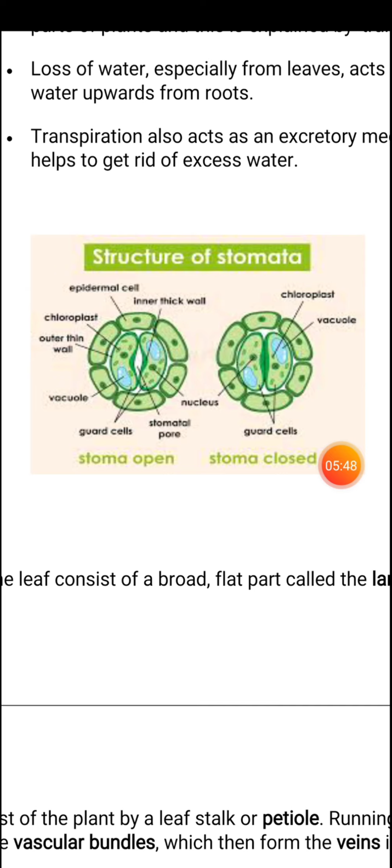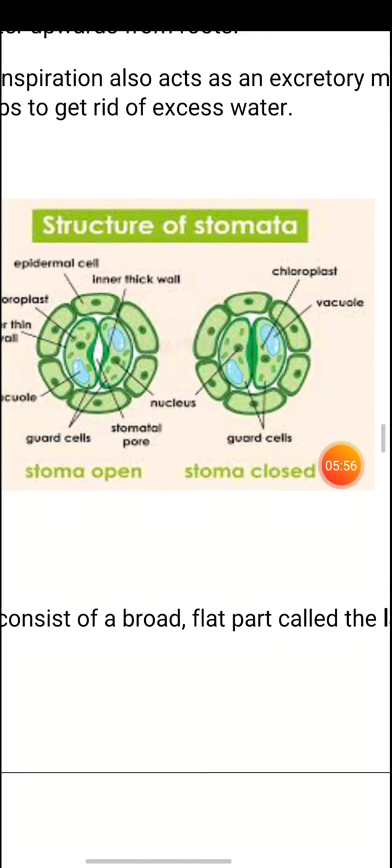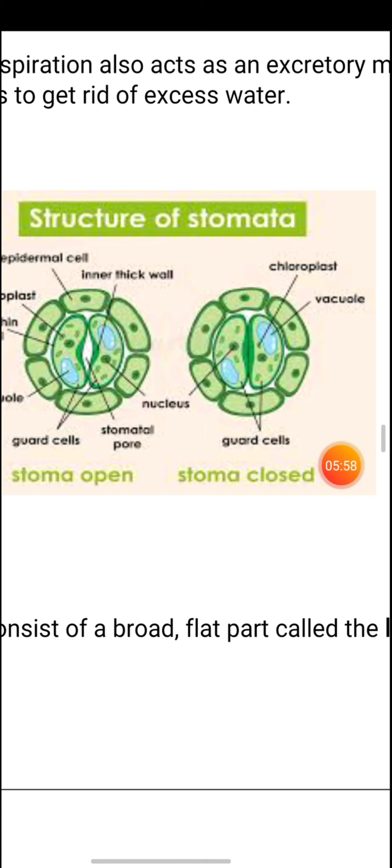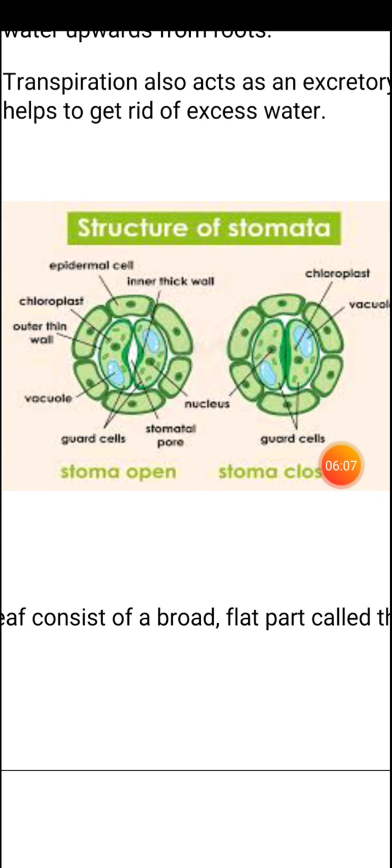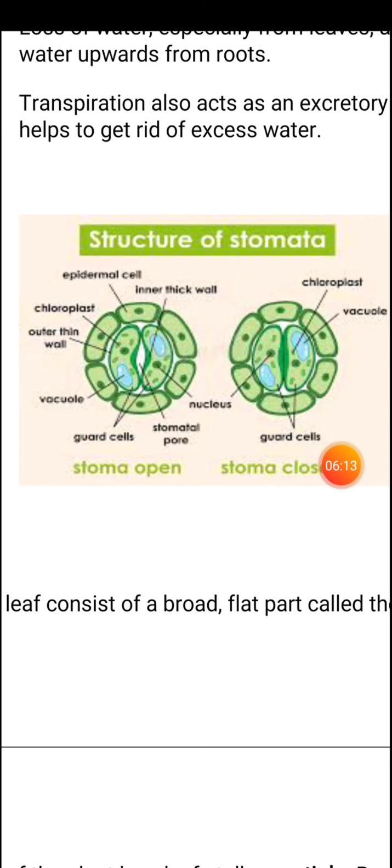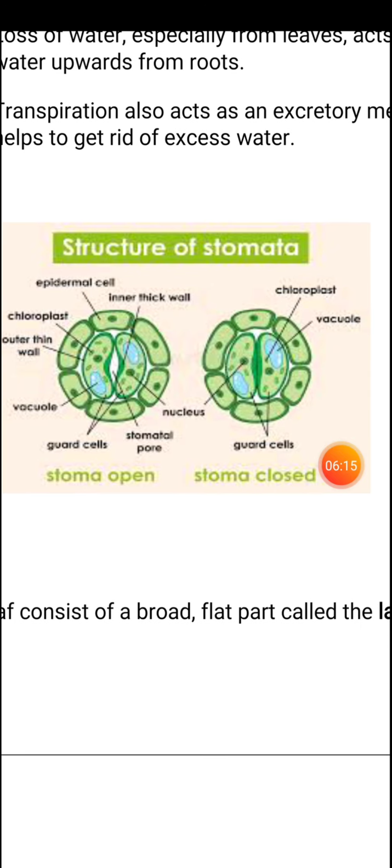So if you see the stomata, they are somewhat circular in shape, and they are protected with cells known as guard cells. You can see something like a bean shaped structure in the middle, which is having nucleus, and in between these two guard cells we are having the stomatal pore. If you see the left and the right diagram, you can understand that. One diagram shows that the stomata is opened and another diagram shows that the stomata is closed.